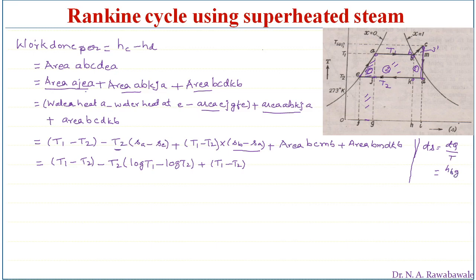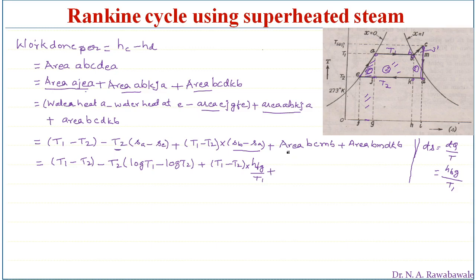This latent heat of vaporization is completely supplied, not partially, because the steam coming out is dry saturated. So here we need not multiply it by the dryness fraction. Dryness fraction value is 1. HFG divided by T, the temperature is T1.